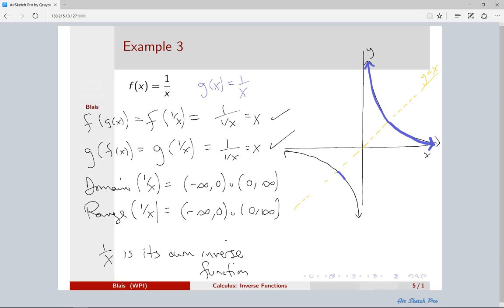And the same thing would happen down here. So even when you do the reflection about y equals x, you get the same graph. And that is an illustration, graphically, of how 1 over x is its own inverse function.